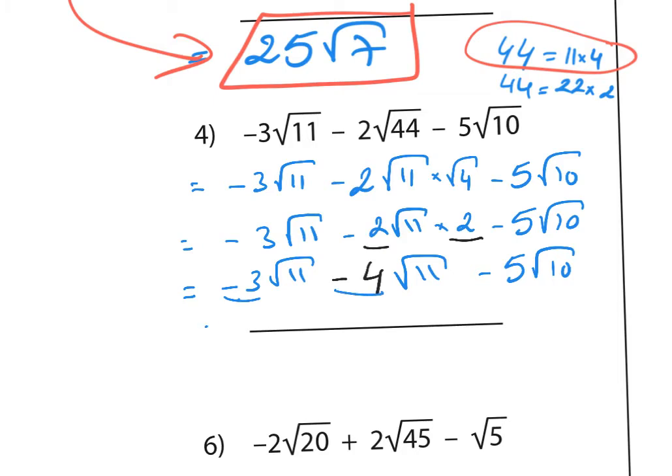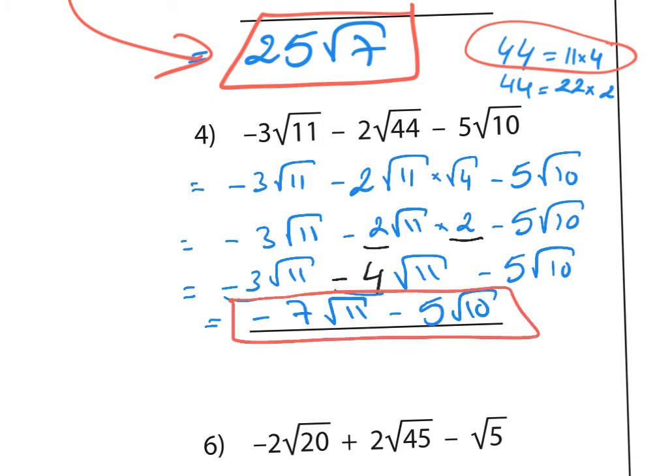It's like you spend $3 in a grocery store, and you spend another $4, meaning the total you spent is $7. So it's going to be negative 7 square root of 11 minus 5 square root of 10. Okay, so this is going to be the final answer.